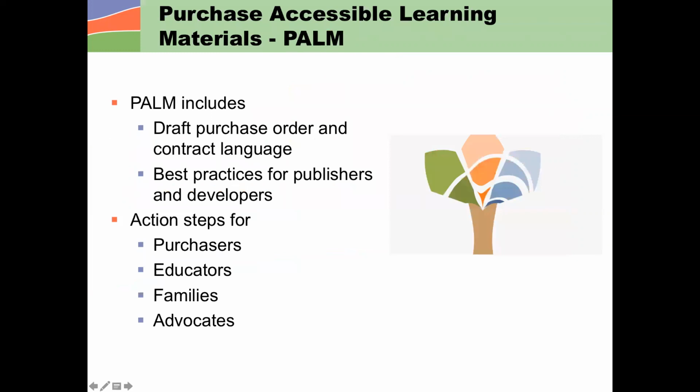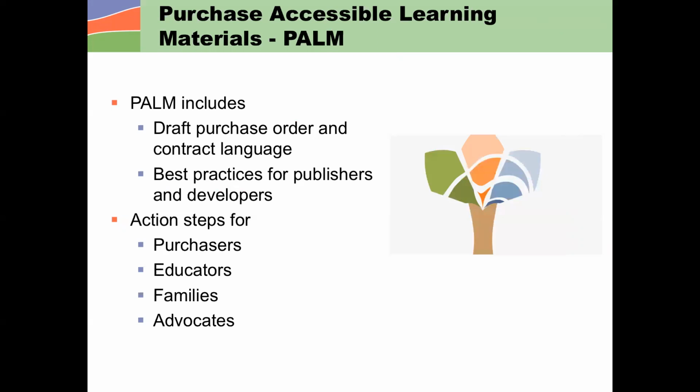But even when it changes, you'll still find some foundational things as part of the PALM. One is that there's draft purchase order and contract language available in the PALM that your agency can use. You can adapt that, or you can use it as is. Obviously, you probably want to make that accessibility language your own.